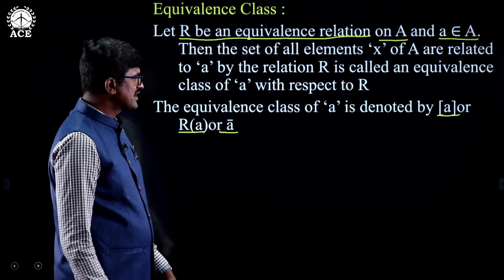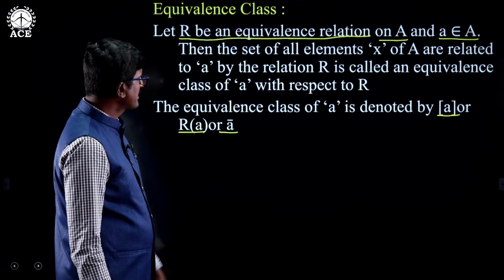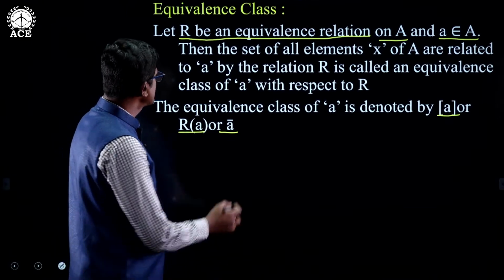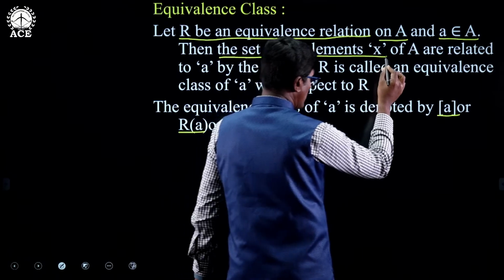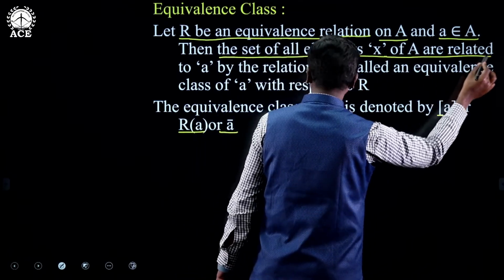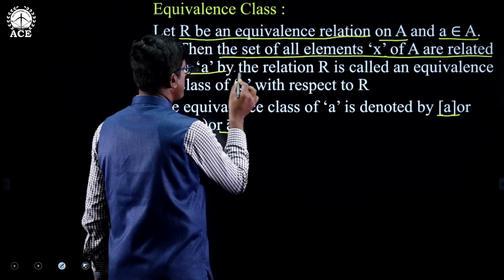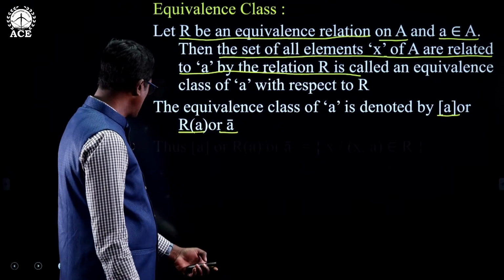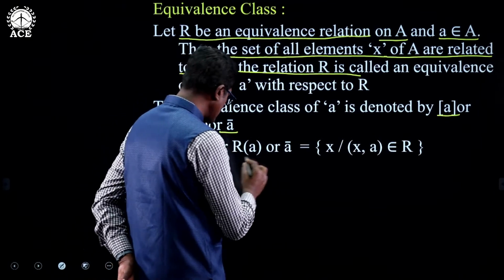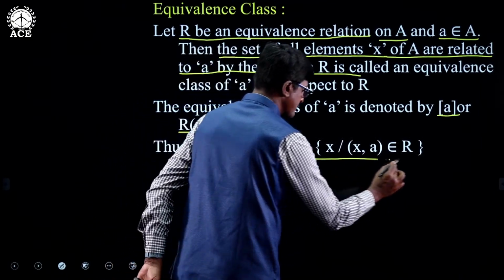The equivalence class of any element is denoted like this and is defined as the set of all elements X of A that are related to A by the relation R. Symbolically it is denoted like this.